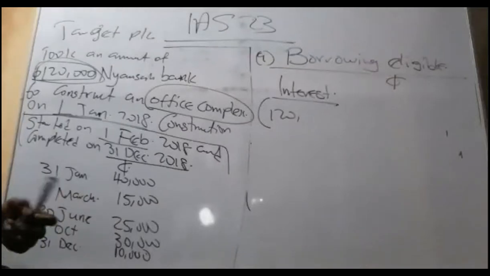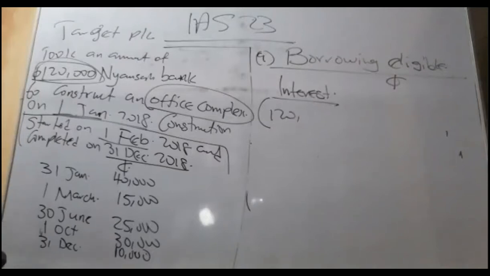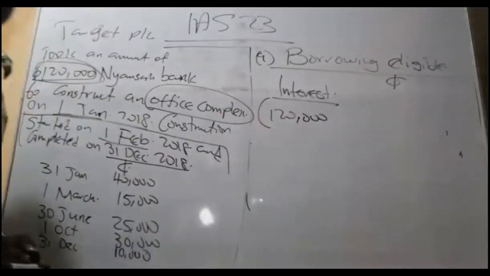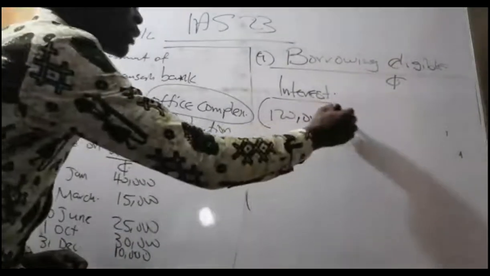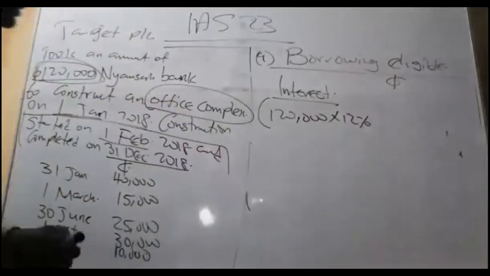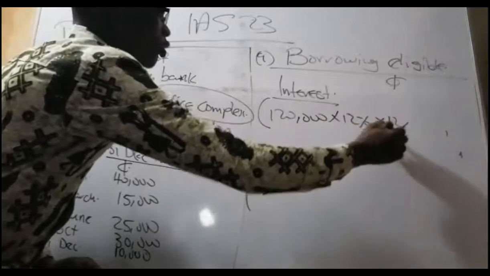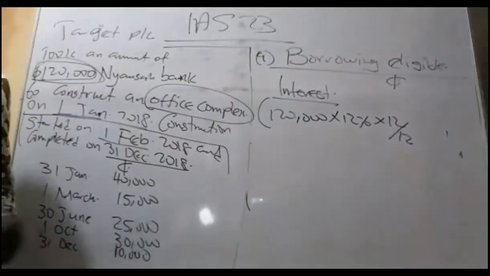The facility was taken from 1st January 2018. So 120,000 times 12%. Now how many months? If it's a full year, it will be 12 over 12. If it is a 9 month period, 9 over 12.